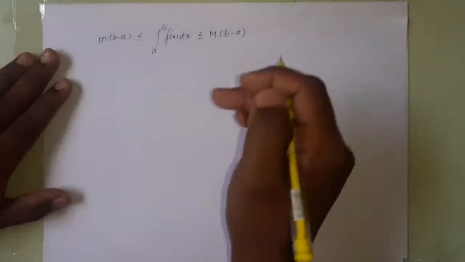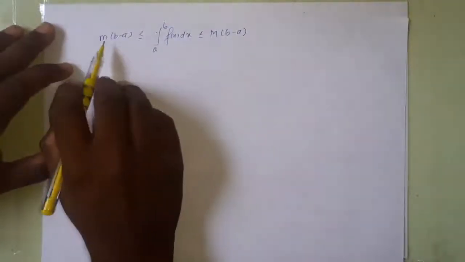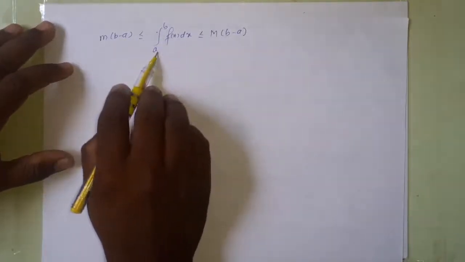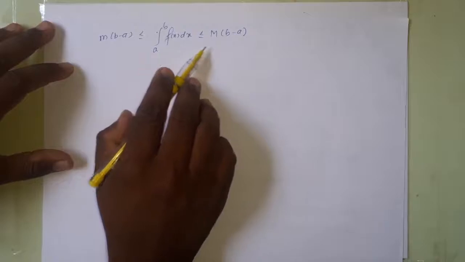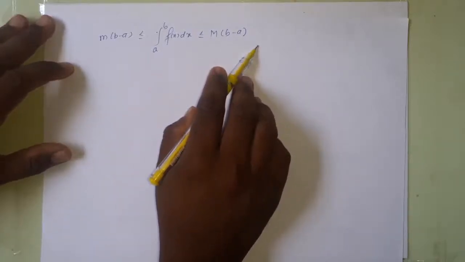On the previous inequality, we have written this inequality as m(b minus a) ≤ ∫ₐᵇ f(x) dx ≤ M(b minus a).